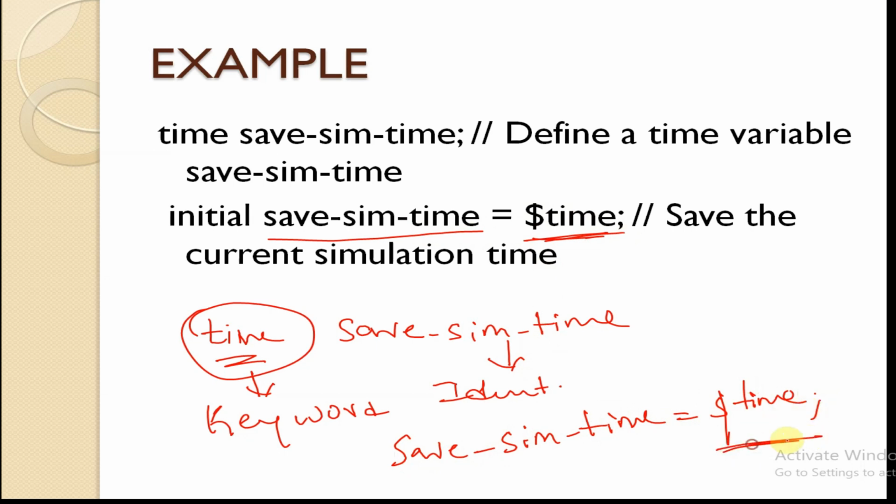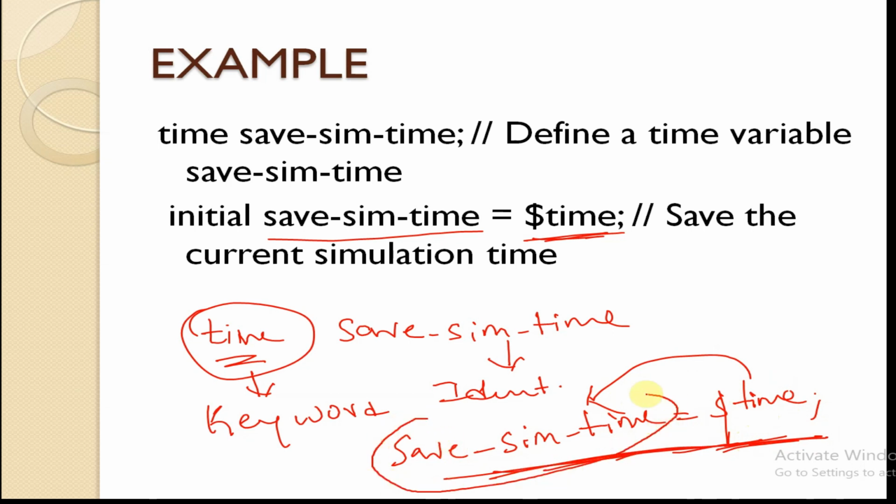So $time will give a value to save_sim_time. This value depends on the current simulation time at which this statement is executing. That time will be stored in save_sim_time, and if we display save_sim_time, then we will get the time at which this assignment happened.